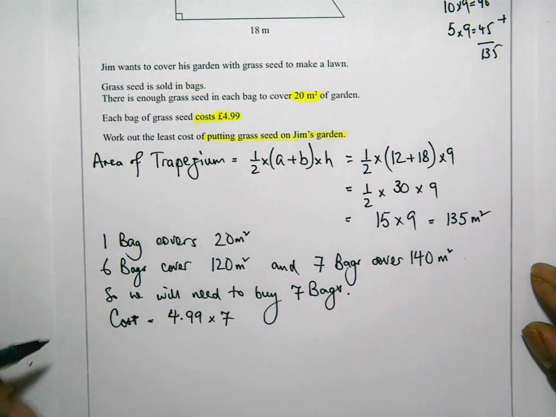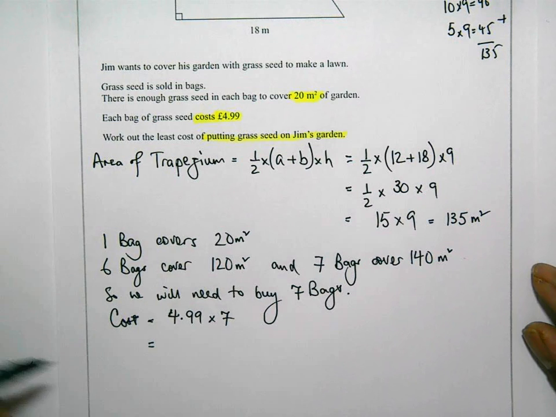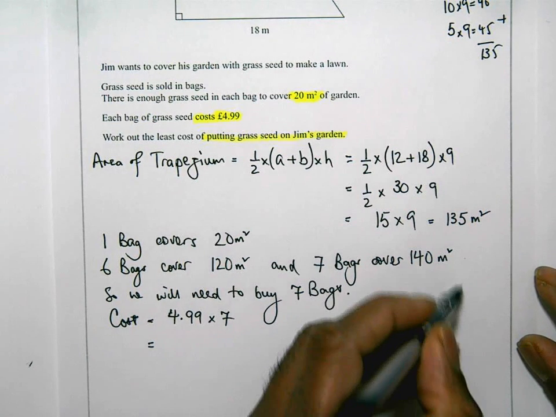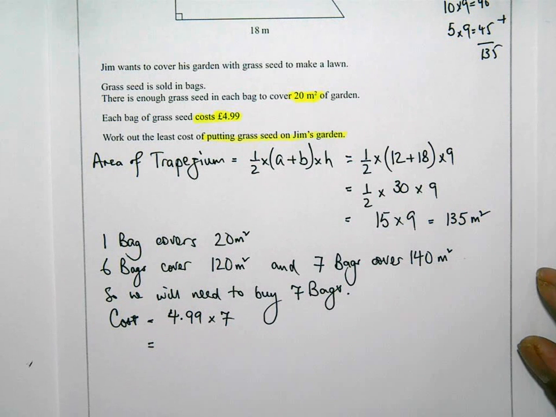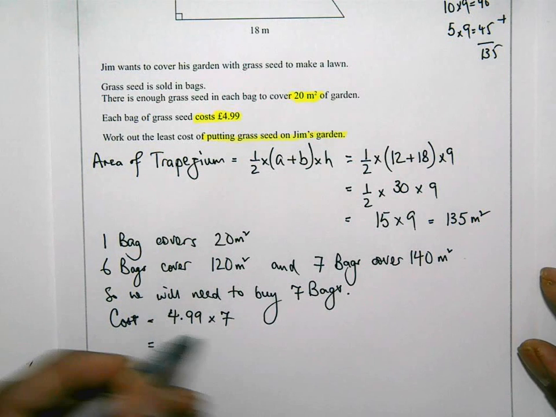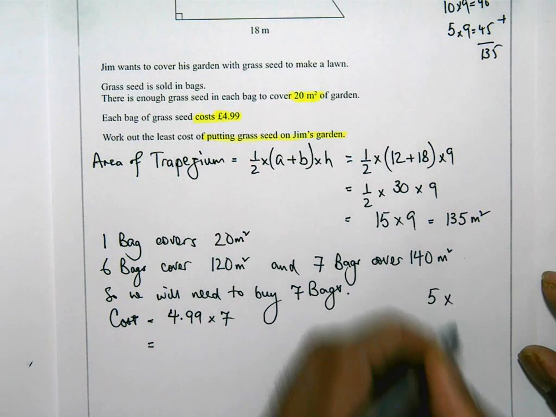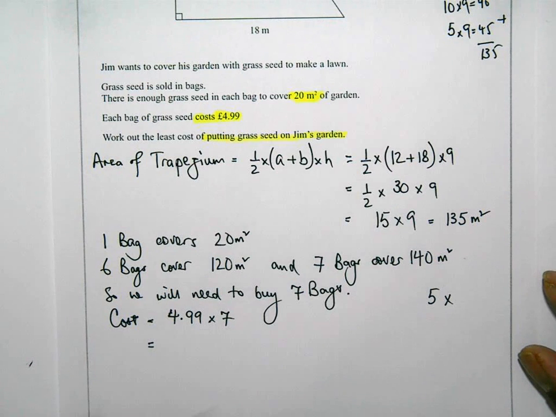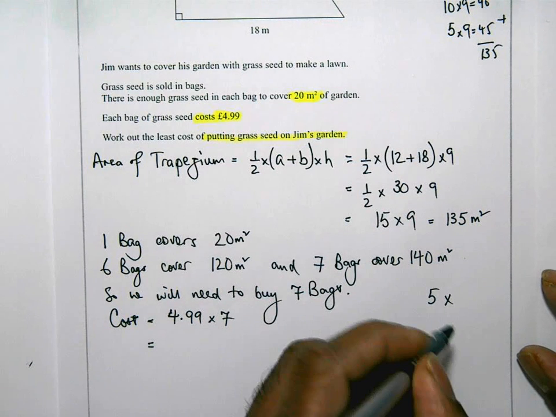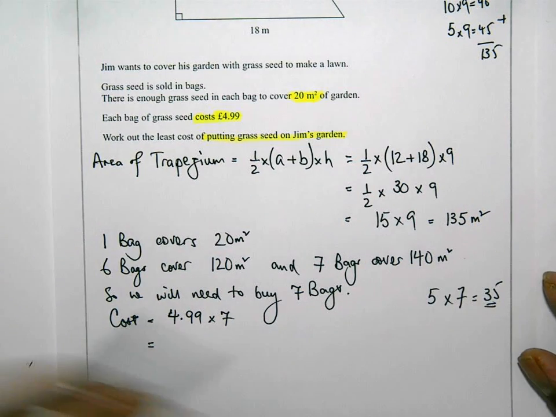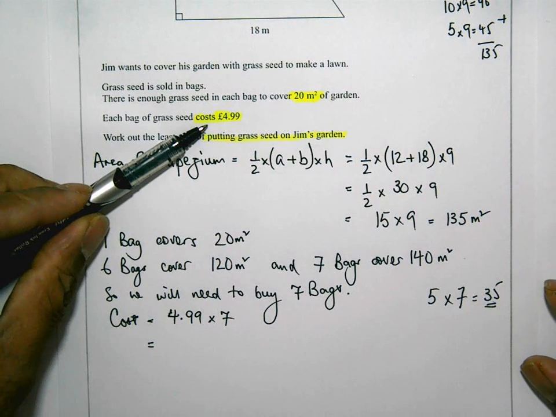There are different ways I could do this, but I'm going to look at this £4.99. It's close to 5, like 1p less than £5. So 5 times 7 is 35. If the bags of grass seed actually cost a fiver, then altogether it's going to be £35.